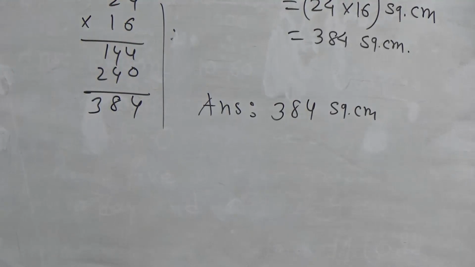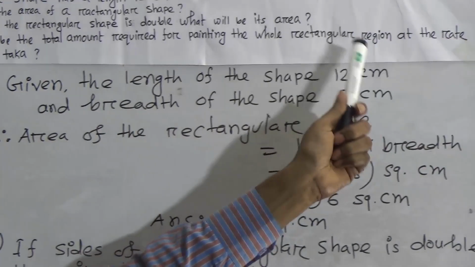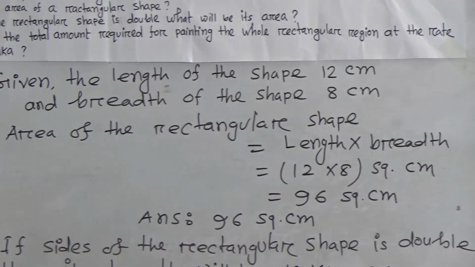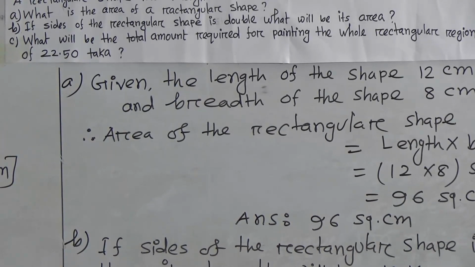Look. What will be the total amount required for painting the whole rectangular region at the rate of 22.50 taka? Dear student, when we solve the question, you always see what is the stem.